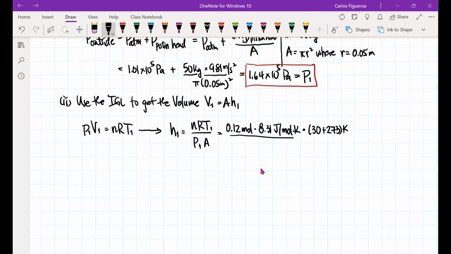All of this is divided by the pressure and then pi times 0.05 meters squared. When I compute this number, I get a value of H1 that reads 0.227 meters, or 22.7 centimeters. And that is the height of the piston head.